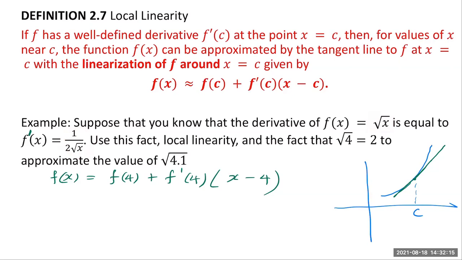F of 4 is 2, because the square root of 4 is 2. Then f prime of 4 is 1/4, times x minus 4. This is the local linearization of f of x near x equals 4, because your c value is 4.